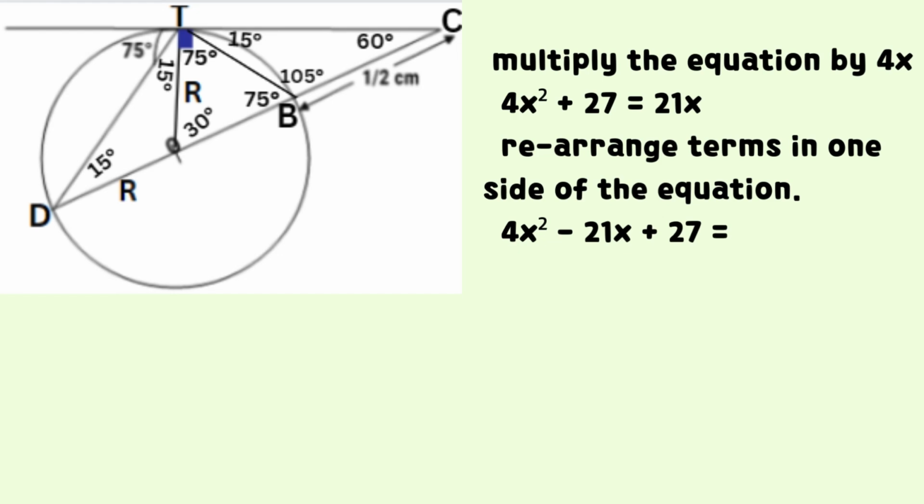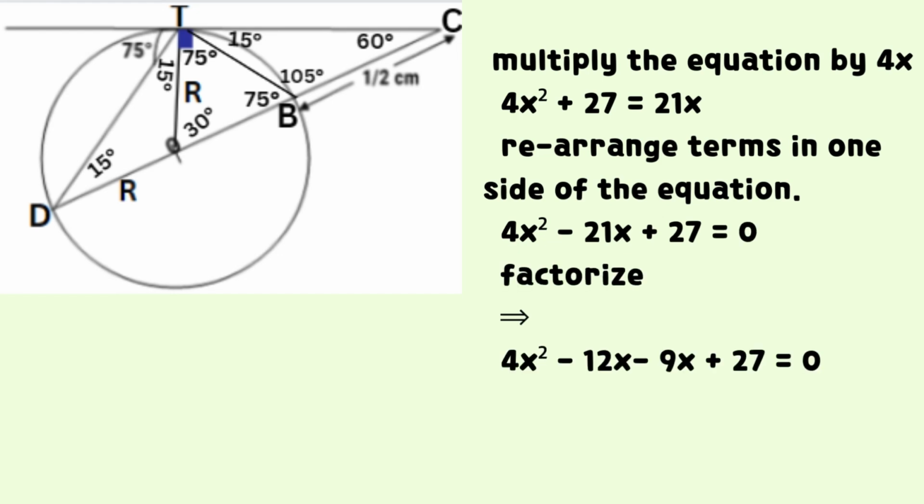Multiply the equation by 4 times x, rearrange terms to one side of the equation, and we have that 4 times the square of x minus 21 times x plus 27 equals 0. Factorize and we have that the product of 4x minus 9 and x minus 3 equals 0.